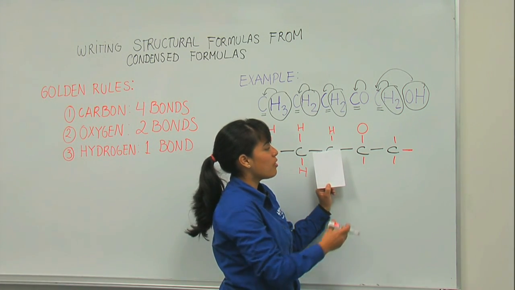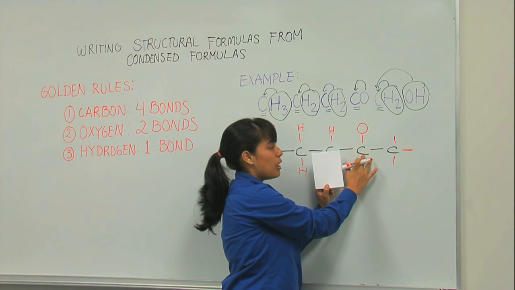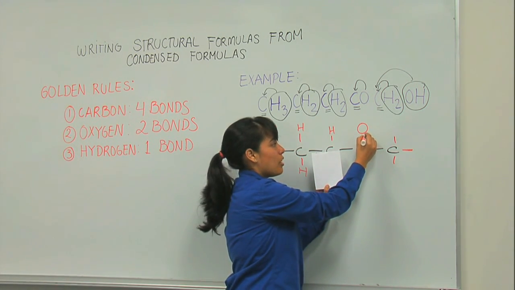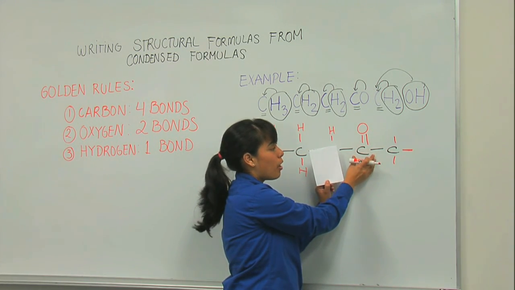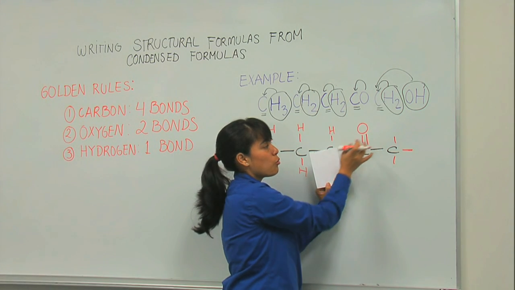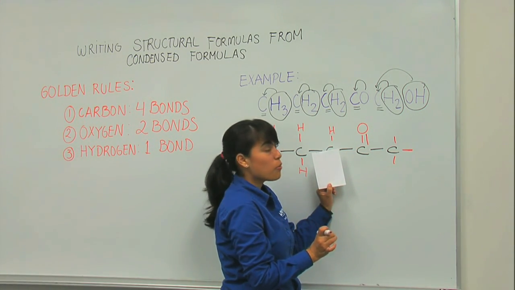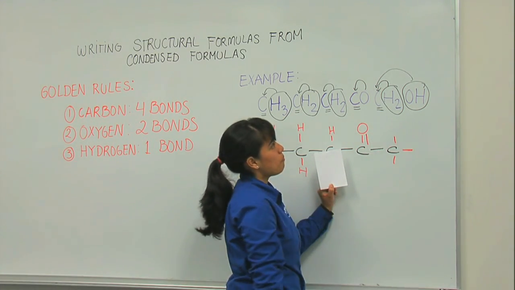So how do I fix that problem? If I realize that this bond here is not really there, but here, that solves the problem, because that way my carbon atom would have 1, 2, 3, 4 bonds, and oxygen would have its 2 bonds. So basically, carbon is double bonded to oxygen.